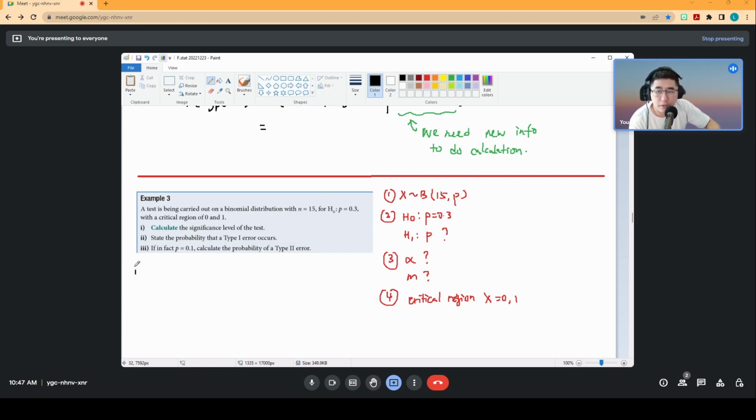So part 1, the significance level, which is alpha here. Alpha is P of X equals 0 and 1.